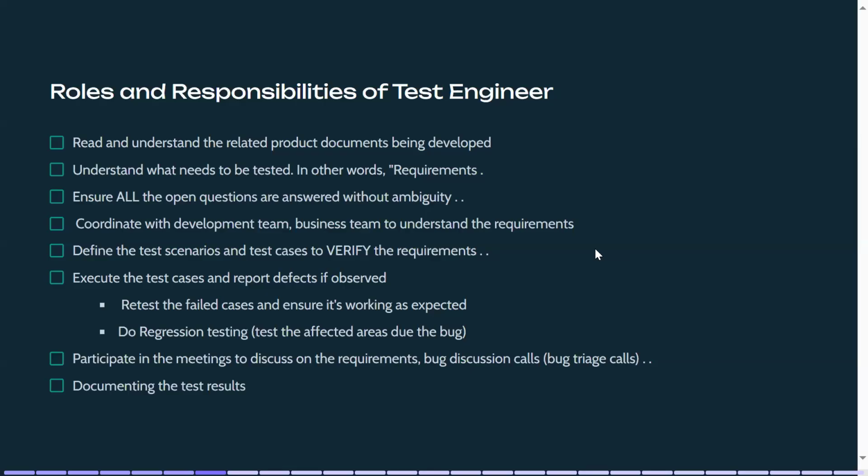Okay. After test case creation, usually the test engineer will perform test execution. He executes the test cases manually or using some automation tools. During the test execution, if he finds any defects, he logs the defects in defect tracking tools.